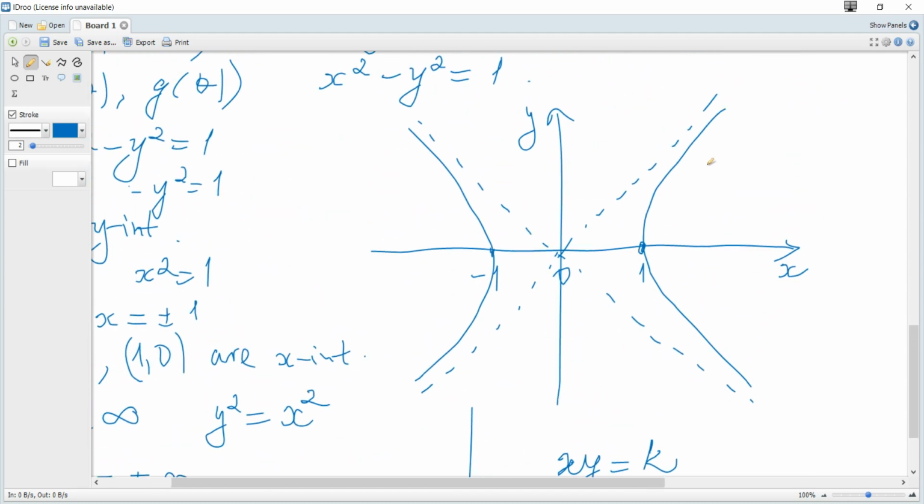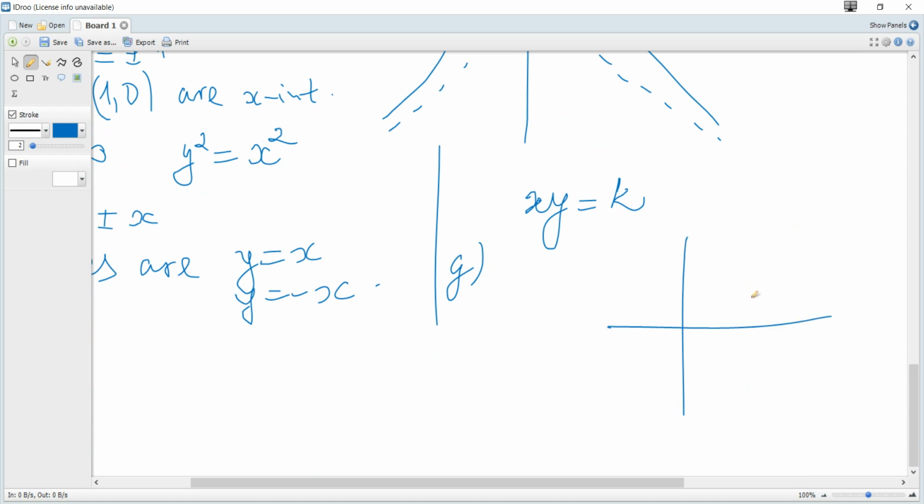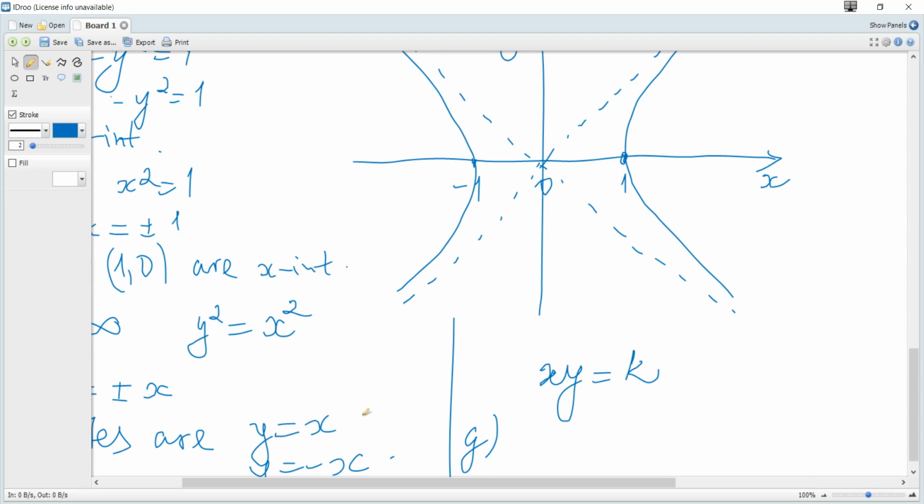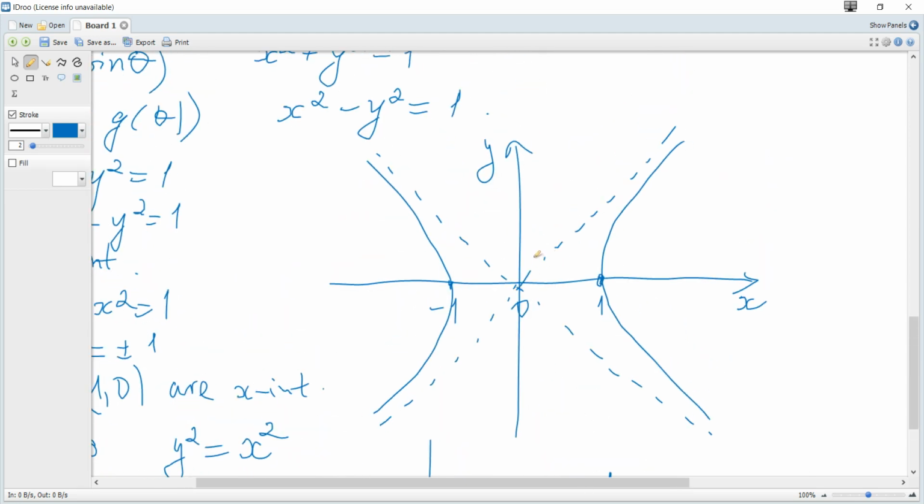It means that if we rotate this graph, it will coincide with the usual hyperbola 1 over x, or some coefficient over x. It may be like this or like this. And we can see that since asymptotes are y is x, y is negative x, this angle is 45 degrees and this is also 45 and this is also 45 degrees.